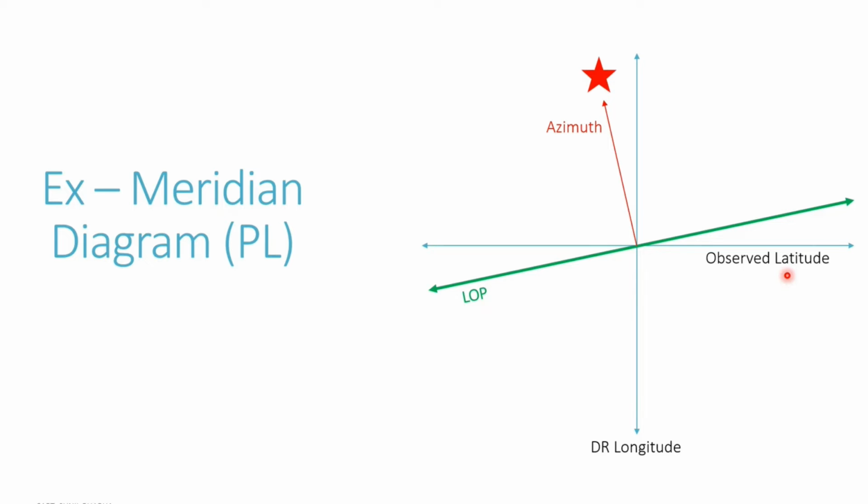It does not give you the fixed latitude in this case. So depending upon where you are on this PL, which we will find out when we have a second PL, wherever the second PL crosses it, that will be our fix. So depending upon at which point you are on this PL, the latitude is going to differ from the observed lat. So this is the X-meridian plot.